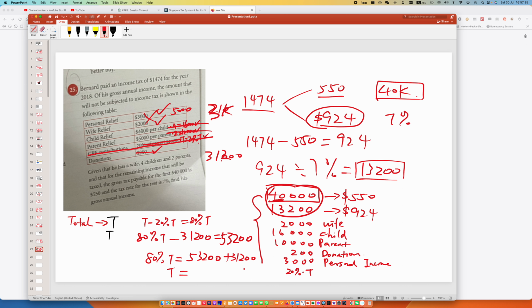Yeah. So 80% equals to 84400. Yeah, correct. So because what is 100%? You just use this 84400 divided by 80%, which is 0.8. So it's 84400 divided by 0.8. 80%.